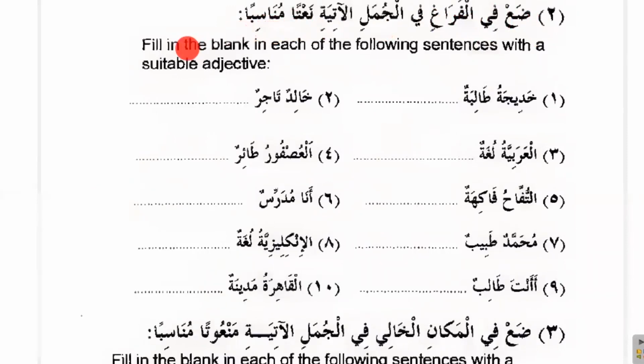Here: fill in the blank in each of the following sentences with a suitable adjective. So what they want is that we fix an adjective that best describes these nouns here. There are nouns here. So give any adjective of your choice that best fits it.